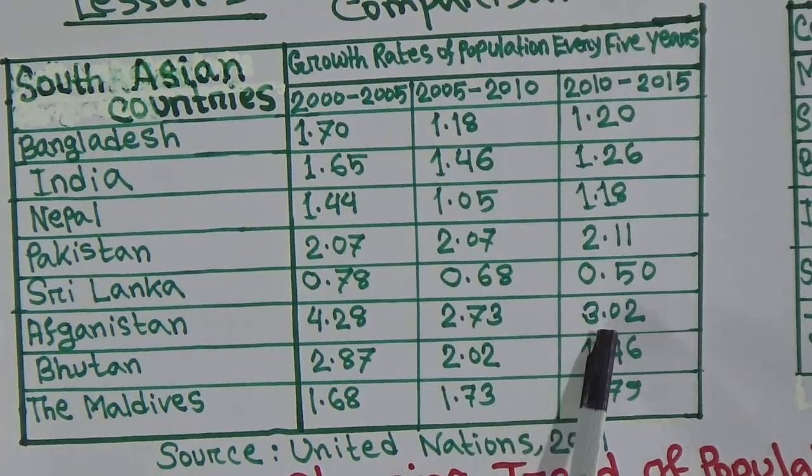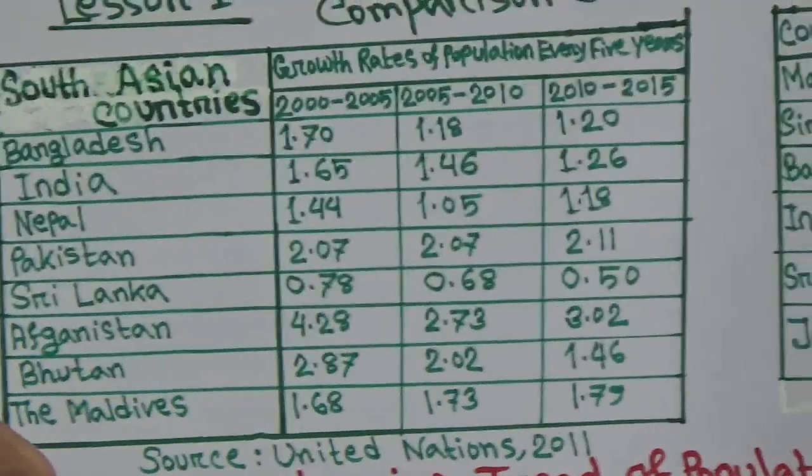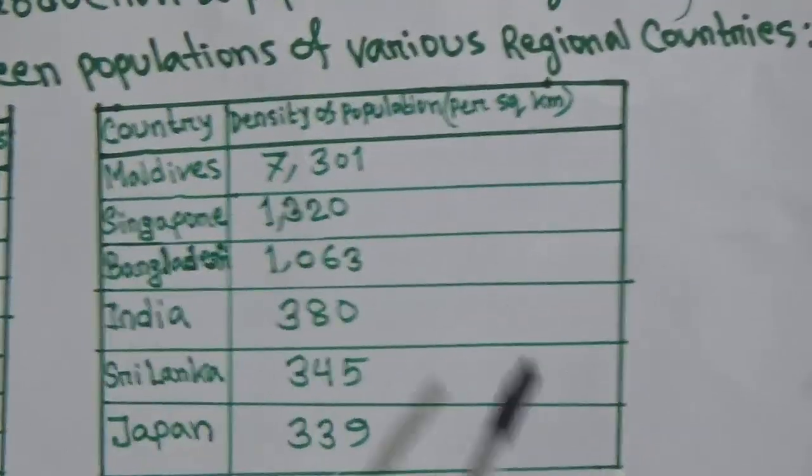And the last one is 3.07. In Bhutan, it was 2.87. Next 5 years, it has decreased, 2.02, and the last one is 1.46. The Maldives, the growth ratio of their population was 1.68 in 2005 and 1.73 in 2010, and up to 2015, the next 5 years, it's 1.79.